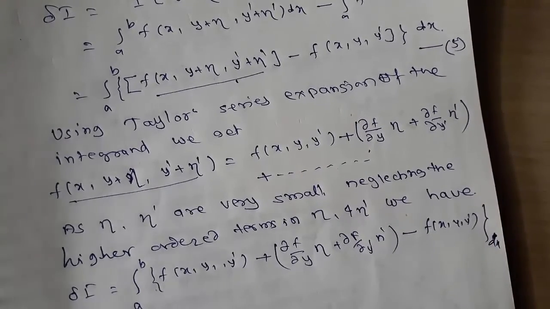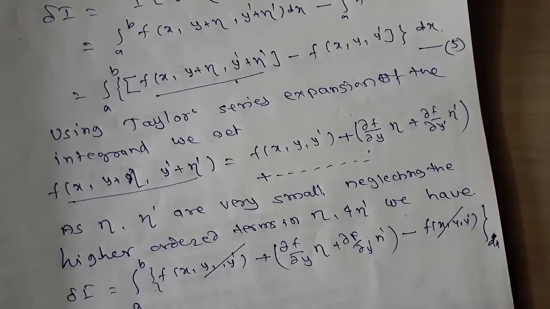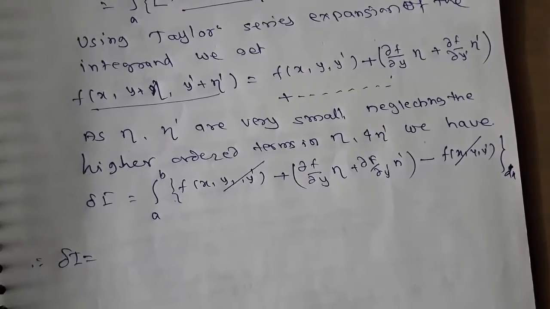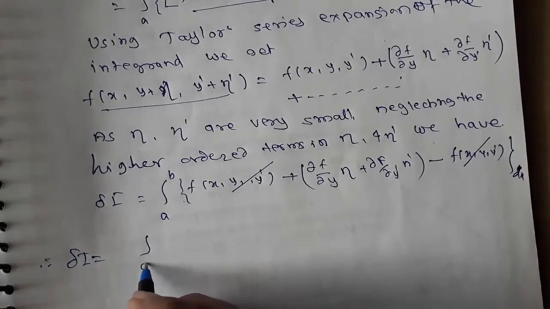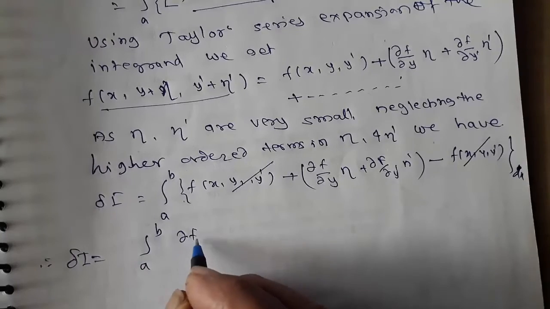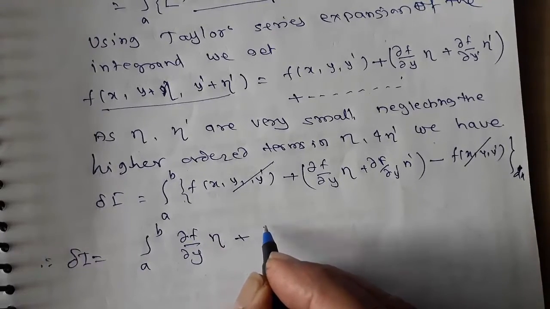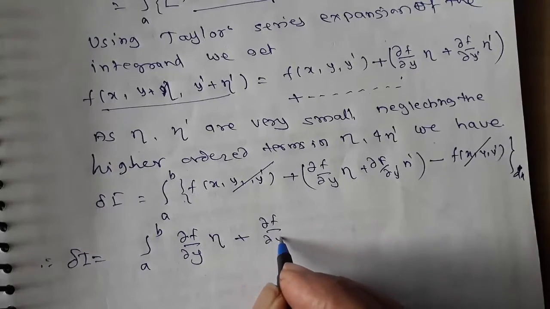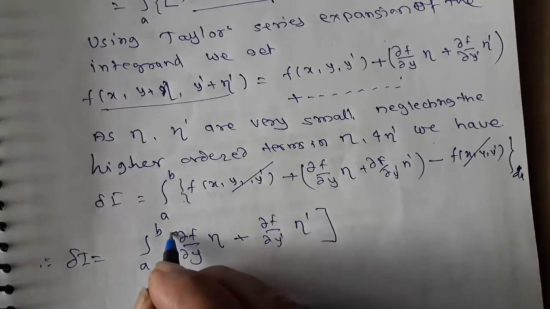The f of x, y, y dash terms cancel, and we get delta I equal to integral a to b of dou f by dou y eta plus dou f by dou y dash eta dash dx.